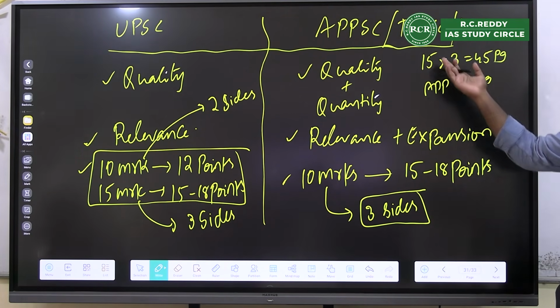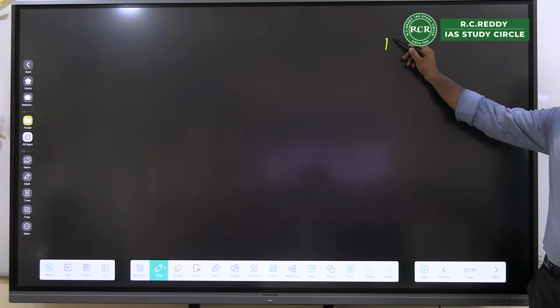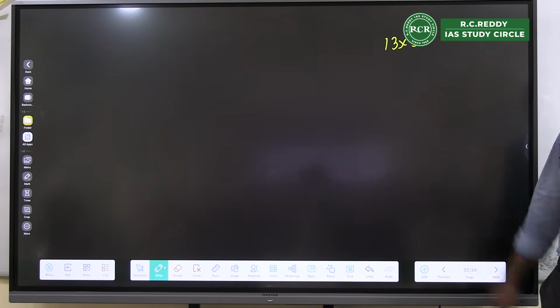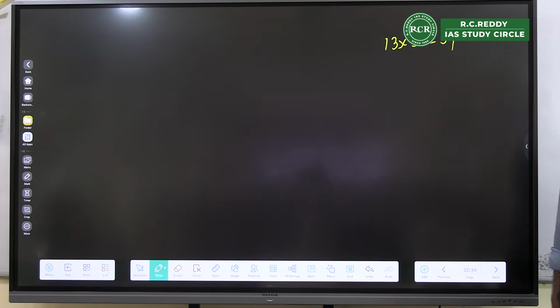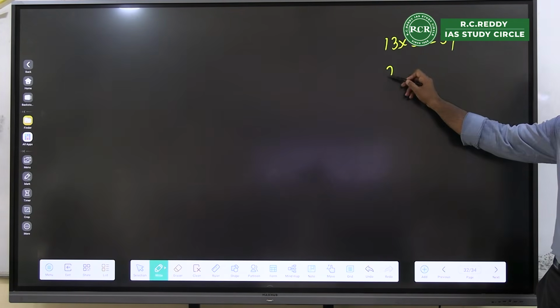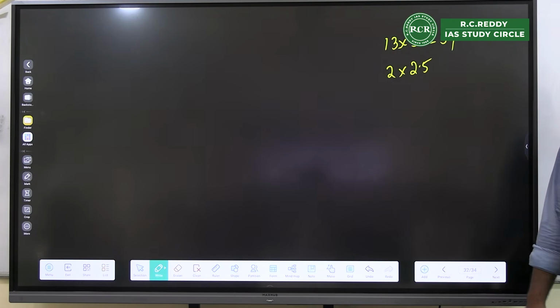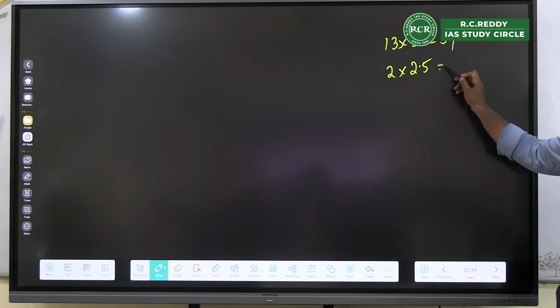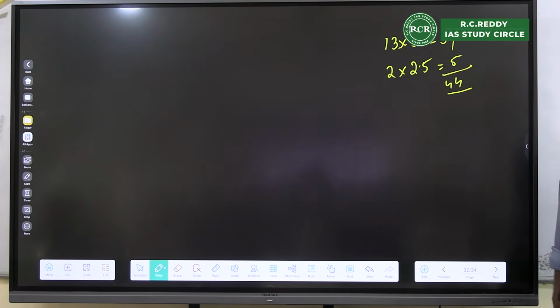Simple management I would suggest: for 13 questions write 3 sides. That becomes 39. For the last 2 questions write 2.5, almost 3. This becomes 5. How much is it? 44.